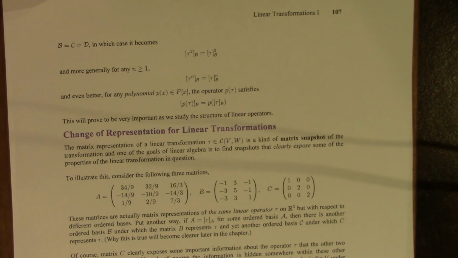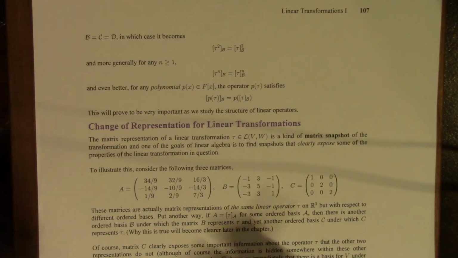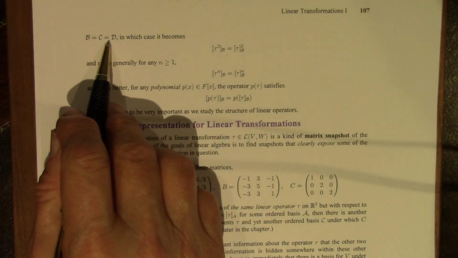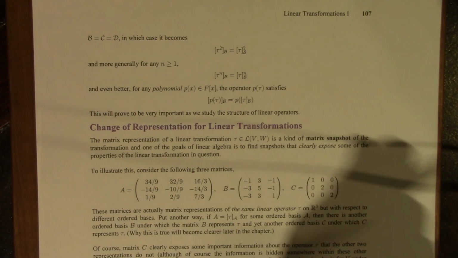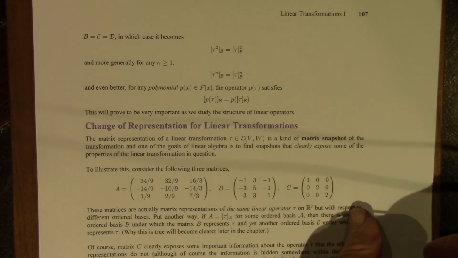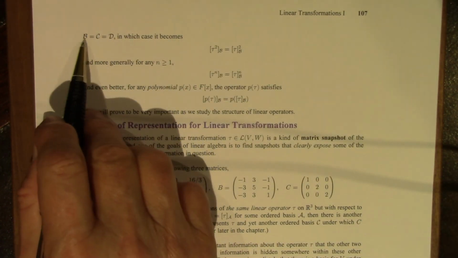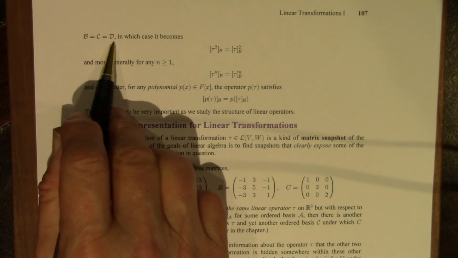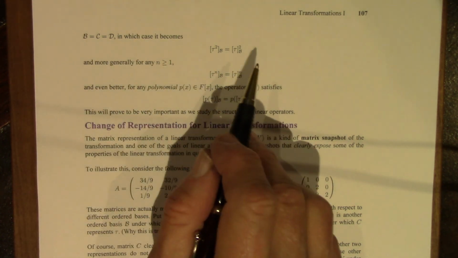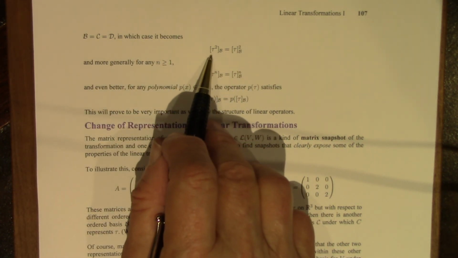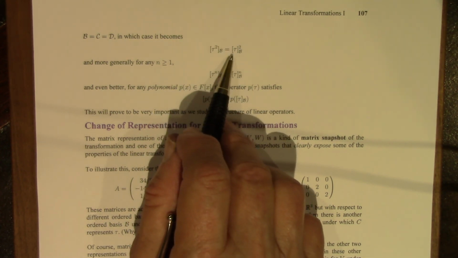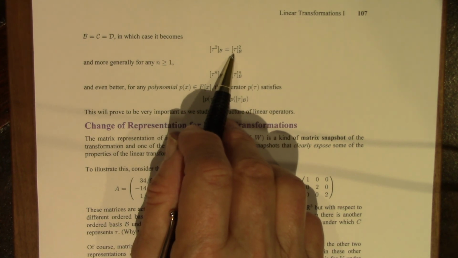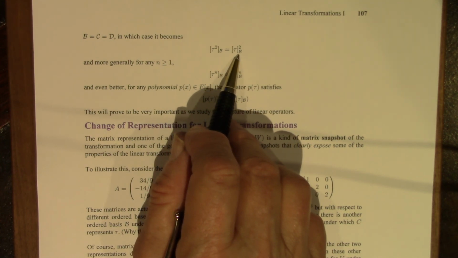But if we use the same basis throughout, if tau is a linear operator, it won't work for a linear transformation that's not an operator, but if tau is a linear operator, we take the same bases, we get this. The matrix representation of tau squared is just the square of the matrix representation of tau.